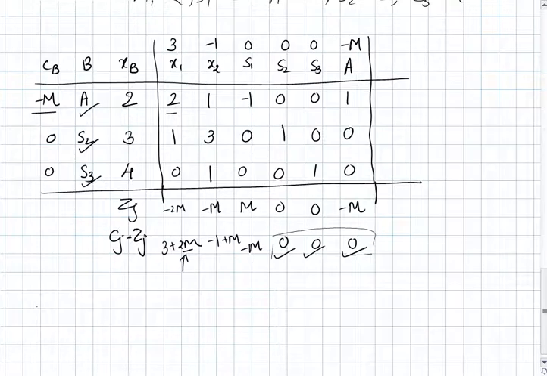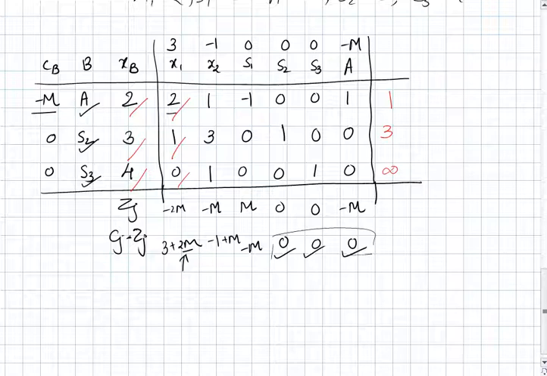So now we have to evaluate the replacement ratio. For the replacement ratio, we are taking the ratio of 2 here and 2 here, so 2 by 2 is 1, 3 here and 1 here, so 3, and 4 here and 0 here, so it is infinite.